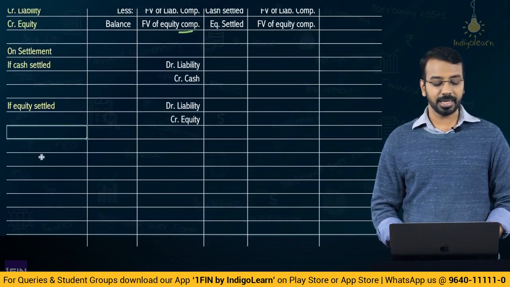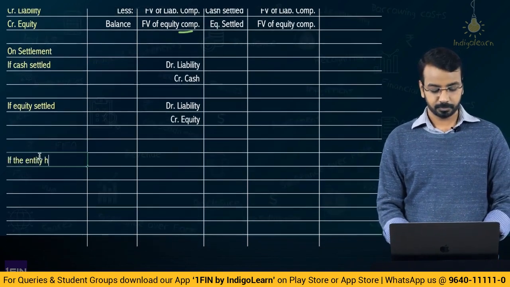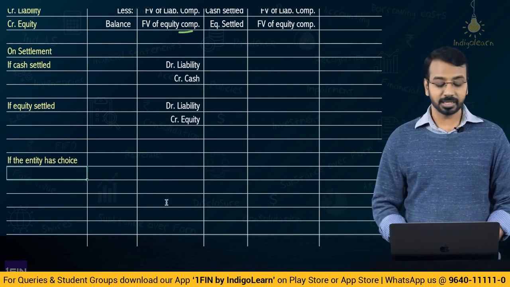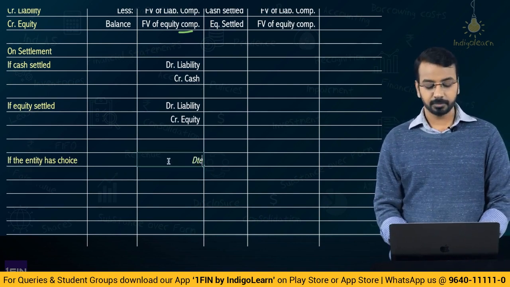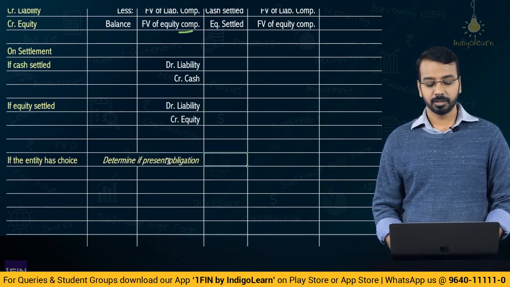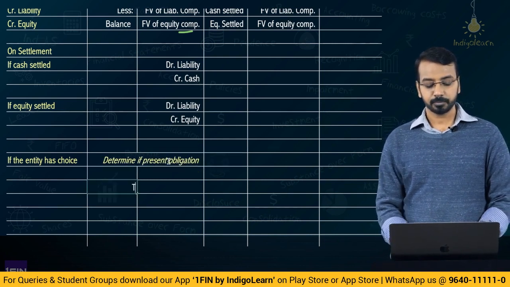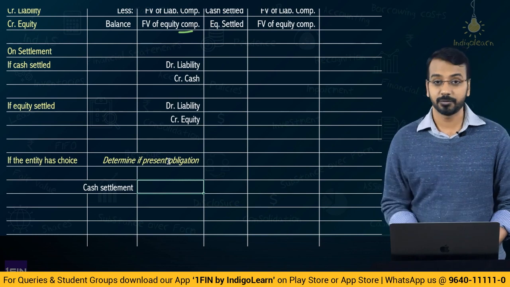Now, if the entity has a choice, then what is the scenario? If the entity has a choice, you have to determine if there is a present obligation for cash settlement. Is there a present obligation for cash settlement?